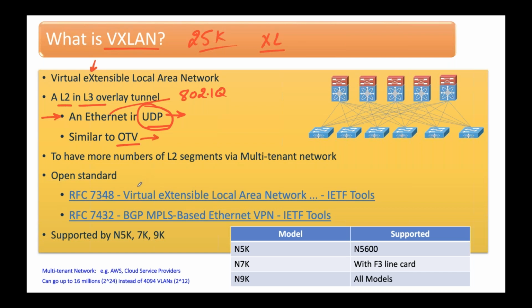Similar to OTV, overlay transport virtualization, which is an obsolete, Cisco proprietary technology, was in use till version 2.1 of CCIE Data Center, now not considerably used, getting obsolete day by day, going to be an end of life, end of support technology, but similar in having more numbers of L2 segments via a multi-tenant network. My dear friends, lab number 2 will give you an opportunity to configure not one single tenant but multiple tenants, supported by multiple VRFs.